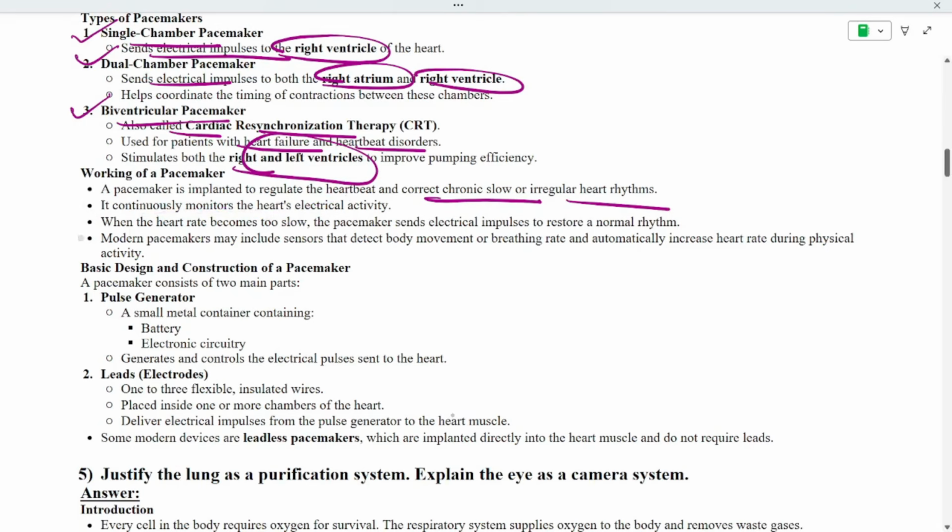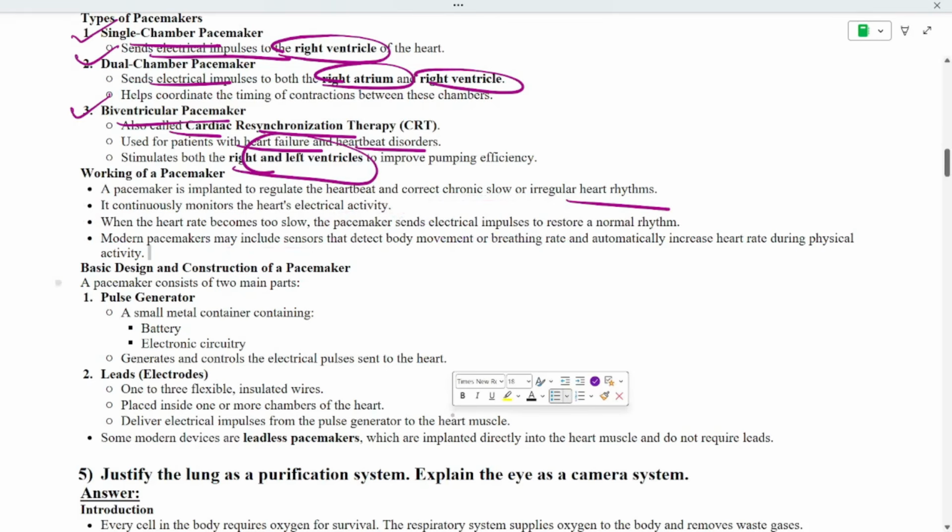If it is too slow, the pacemaker will make it normal. It also includes a sensor that detects body movement, so even if they are performing some physical activity, it will automatically do the work. If the rate is less or more, the sensor senses it, and it detects the body movement and the breathing rate automatically.